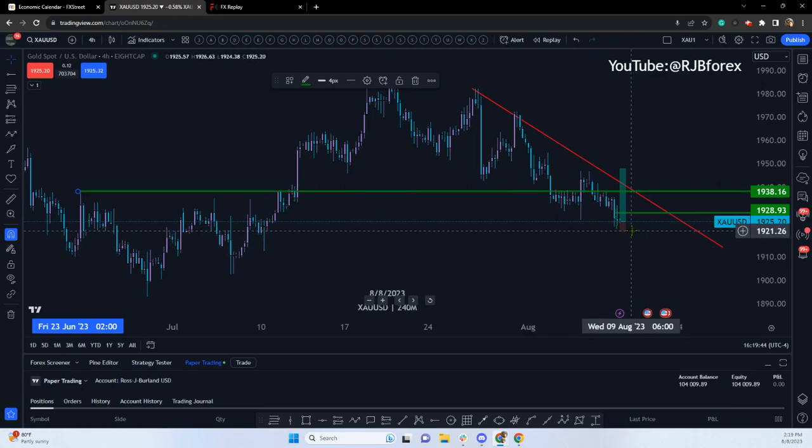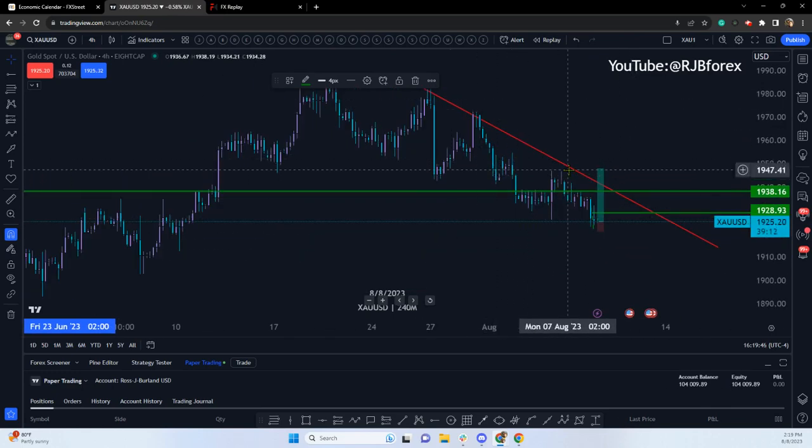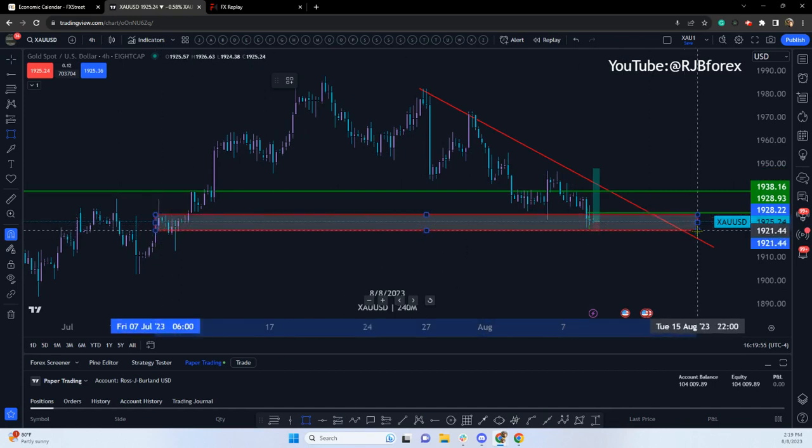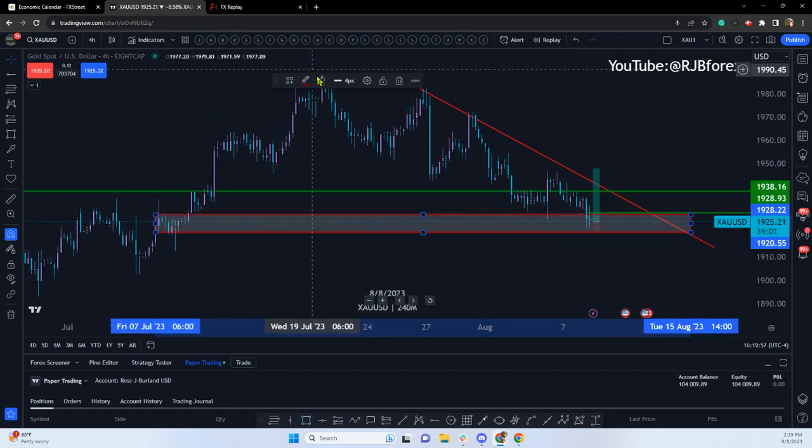Yeah, so we'll have to see. I mean, we've got shorts in the market and they need to be cleaned out at some point. This is an area of support, a demand area.